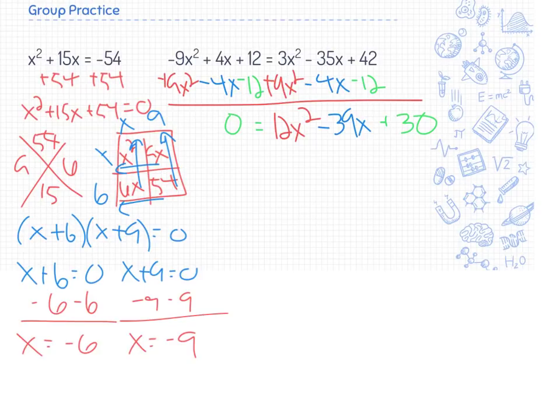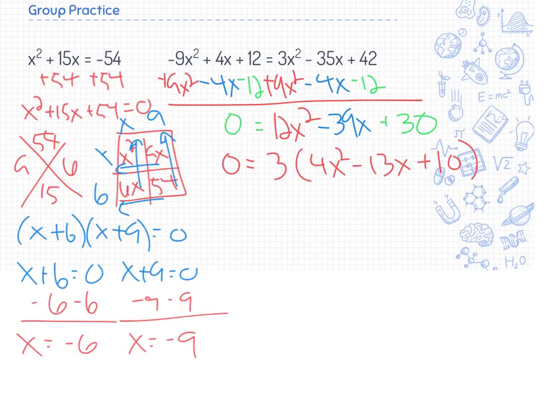So check for GCF. In this case, we do have a GCF. So our GCF in this case would be 3. So I factor out that 3, and we get 4x squared minus 13x plus 10. Now, you can deal with this 3 a couple different ways.